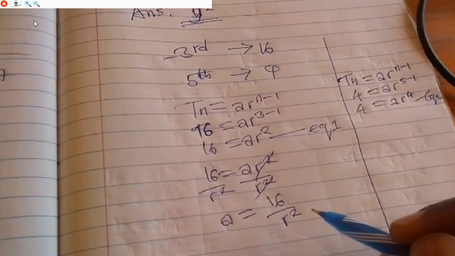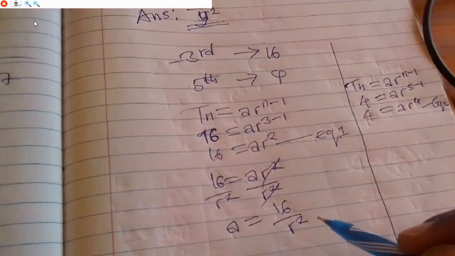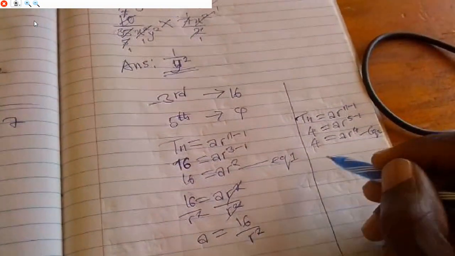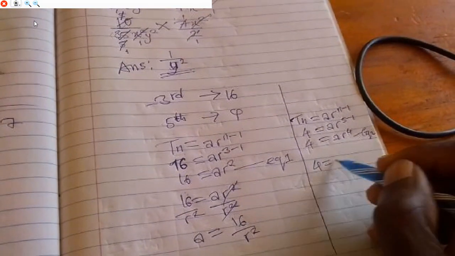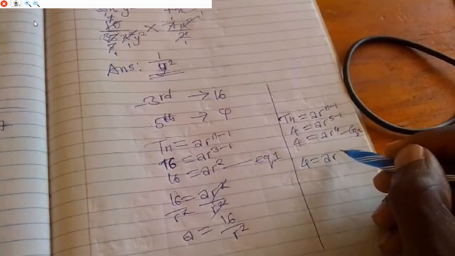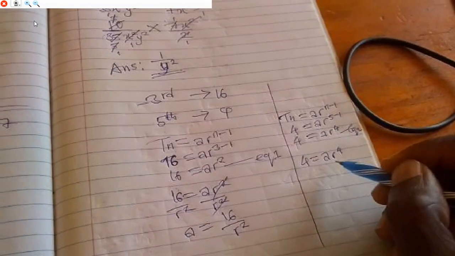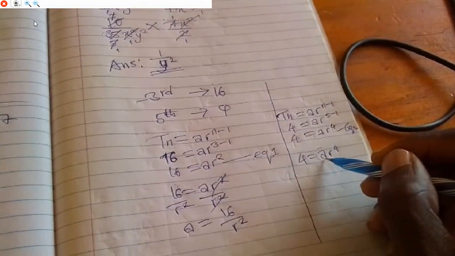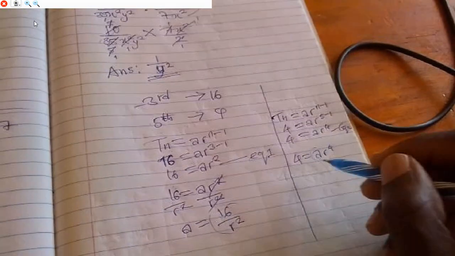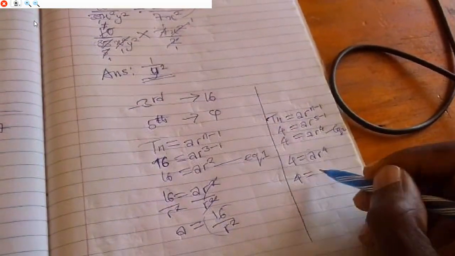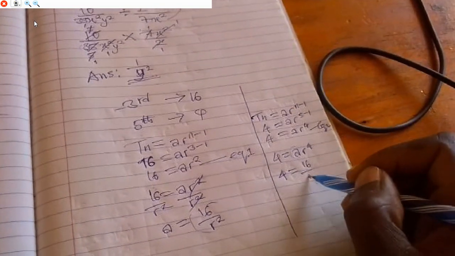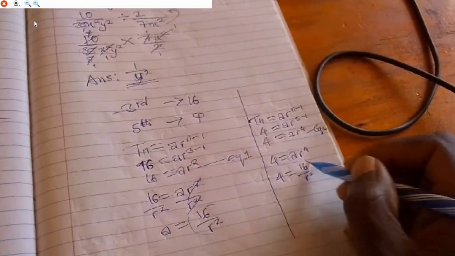So if that is what we have, then in the second equation, 4 equals AR to the power 4. It means whatever A we have here means this. Then we're going to replace: 4 equals 16 over R squared, in the brackets, R to the power 4.